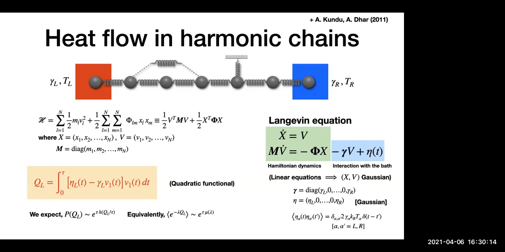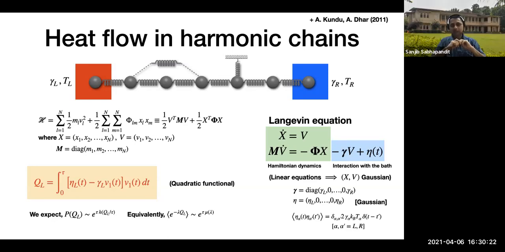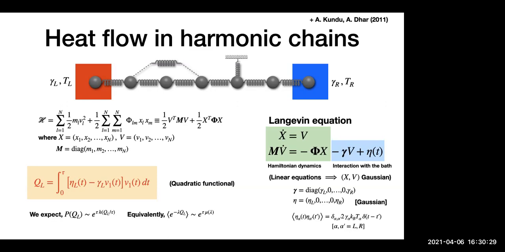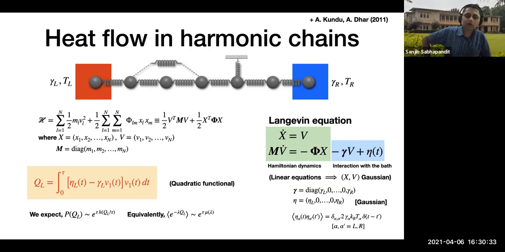So there are two parts. One, you have a large deviation form, and the second is the large deviation function following the symmetry. When will the large deviation function follow the symmetry?